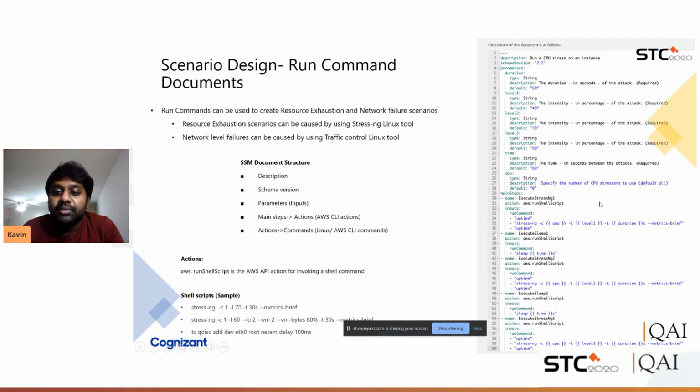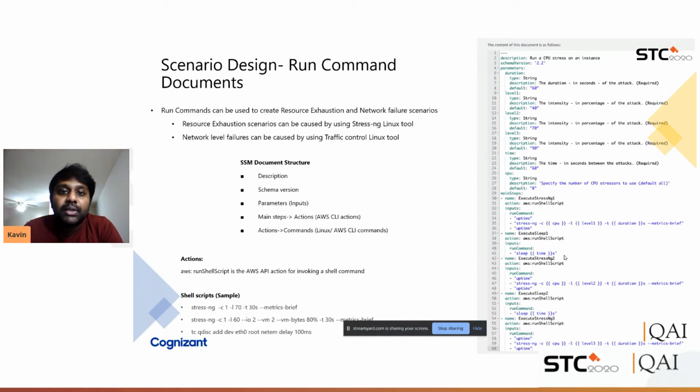I can also add some sleep API functions, so that after a brief pause of some time, I can increment the CPU to a new level, and in that way I can build an incremental CPU attack on a particular EC2 instance. In the same way, we can define scenarios for memory stress, IO stress, disk stress, and all, and we can also combine all these stresses together.